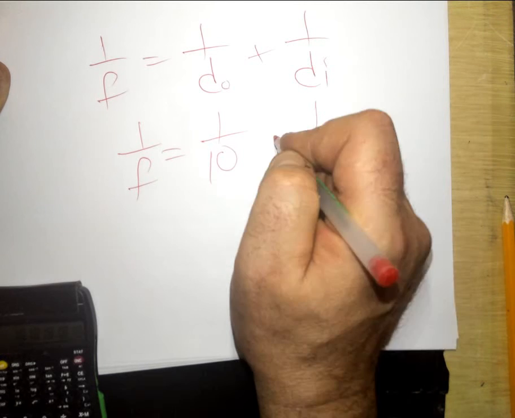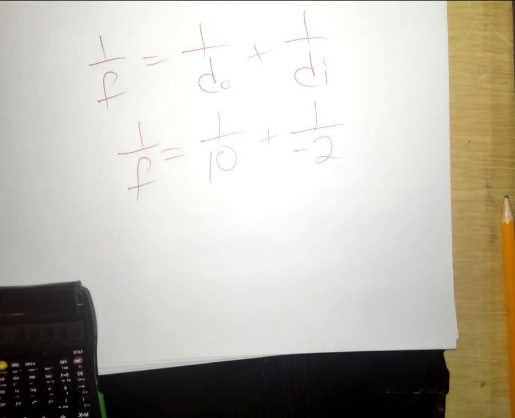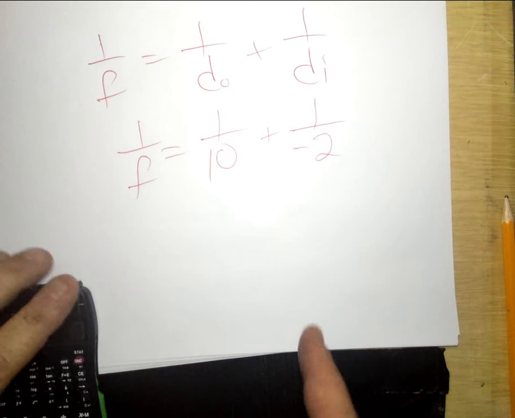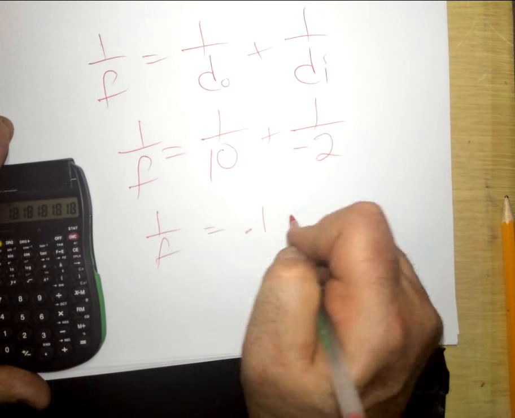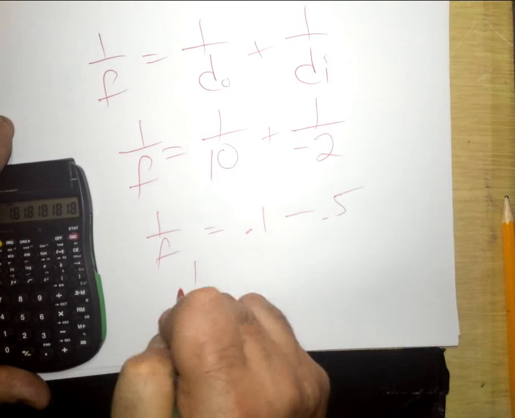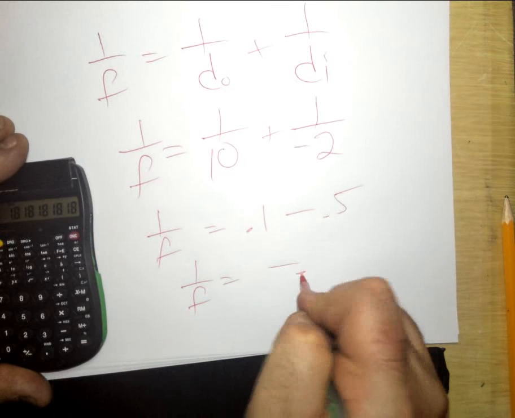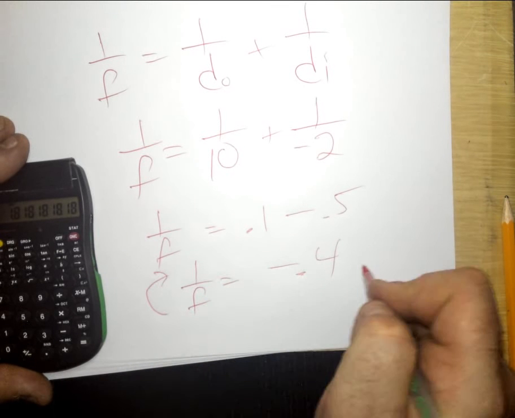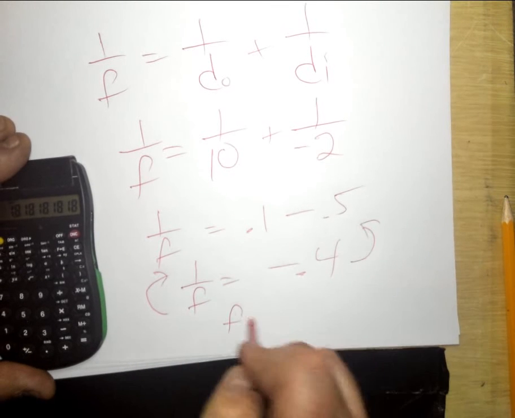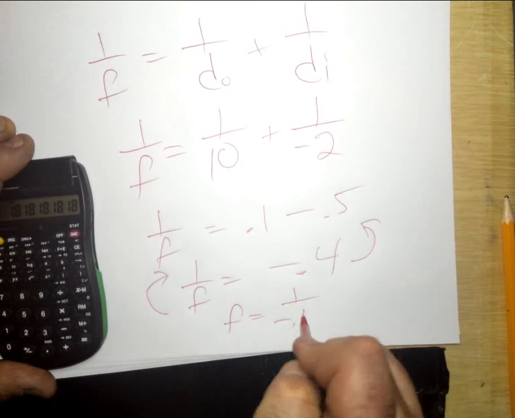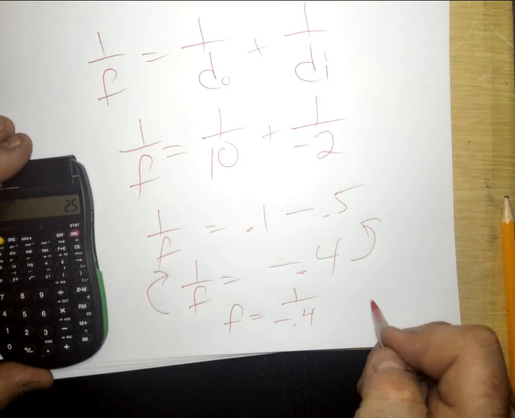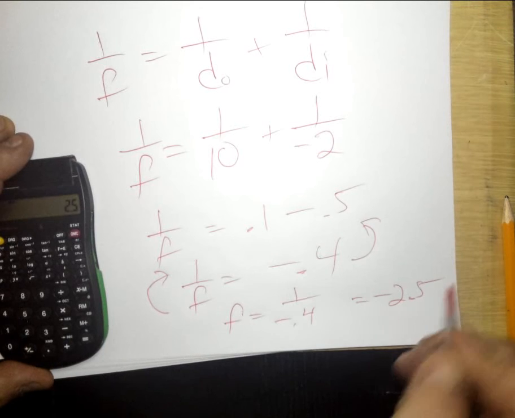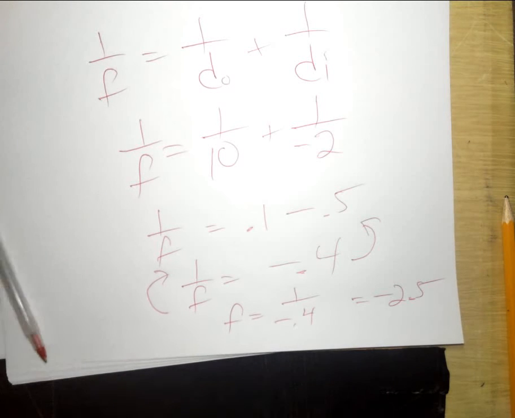With all convex images, it's always behind, so it's going to be a negative image. 1 over F is equal to 0.1 minus 0.5. 1 over F is negative 0.4. Flippity-flop everything, and we're going to get F is equal to 1 over negative 0.4. 1 divided by 0.4 equals 2.5. Negative 2.5 is your answer, and that's the end.